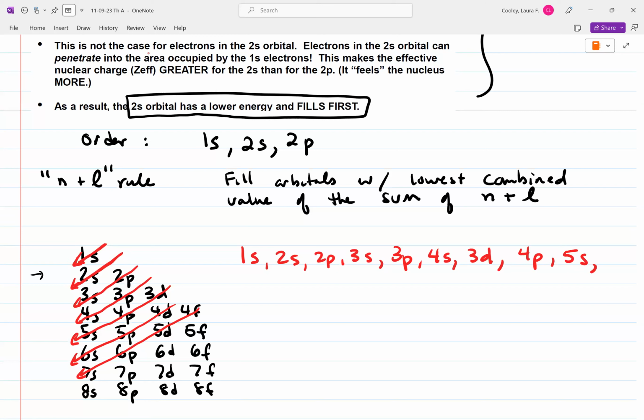So the order is 1s, 2s, 2p, 3s, 3p, 4s, 3d, 4p, 5s, 4d, 5p, 6s.